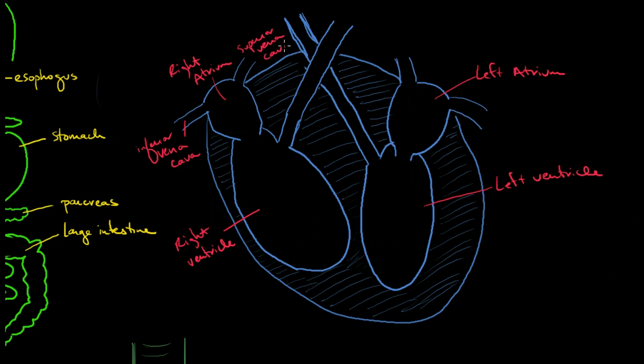As blood comes through the vena cava into the right atrium, the blood flows into the right ventricle past this valve right here. This is the right atrioventricular valve, also known as the tricuspid valve.